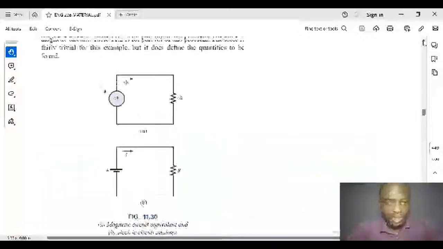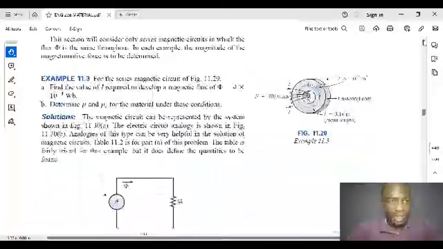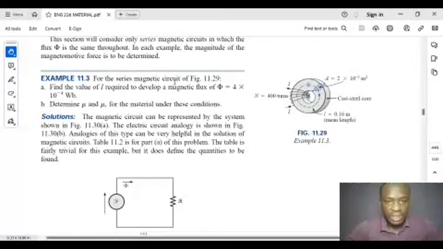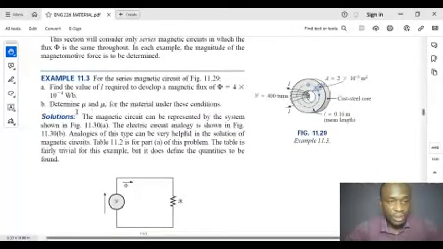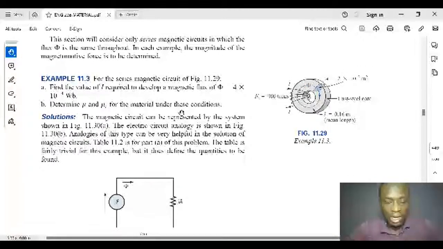If you can still hear me, let's repeat it. Series magnetic circuit of figure 11.5. Find the value of current, magnetic flux of 4 times 10 raised to power minus 4. Determine the permeability and the relative permeability for the magnetic condition.